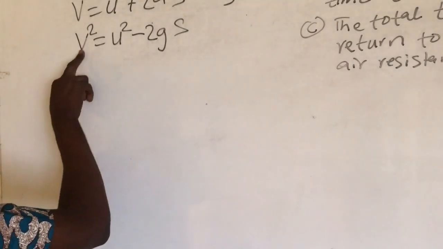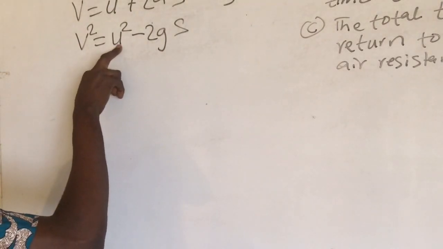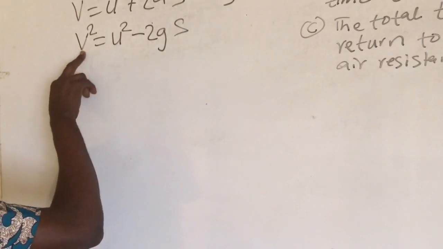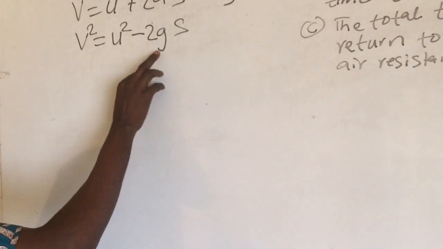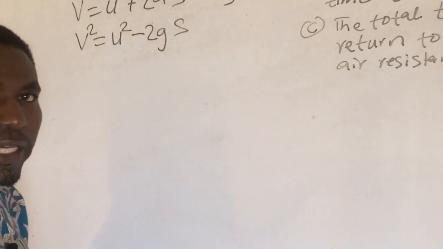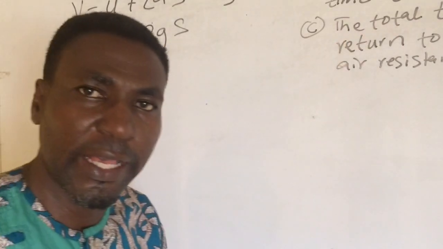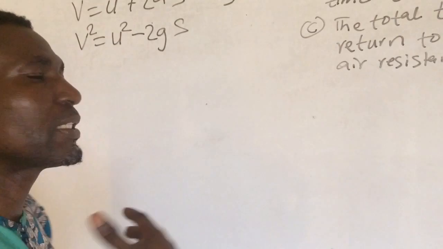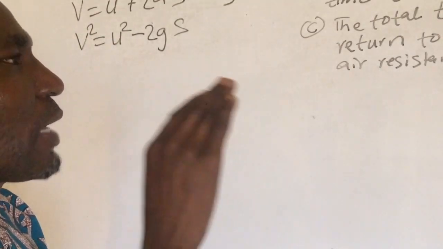This one is representing final velocity, this one initial velocity, this one is acceleration due to gravity, and this one is the height we are talking about. The maximum height is this S. So S is representing our maximum height. B asks us the maximum height.